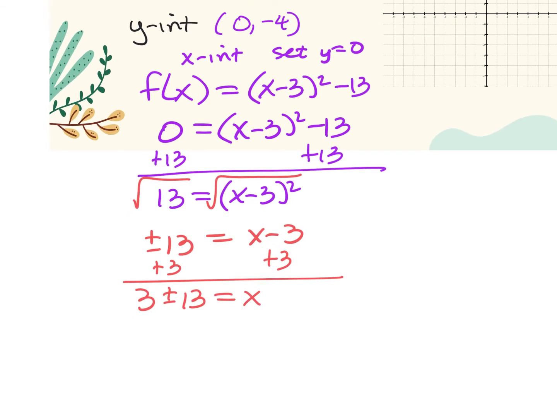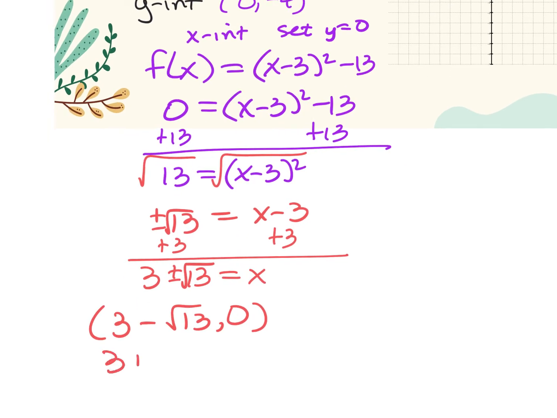So my two x-intercepts are at 3, and this needs to have a radical, sorry, the 13 has a square root, comma 0, and 3 plus square root of 13, comma 0. These are the x-intercepts. An example of using completing the square.